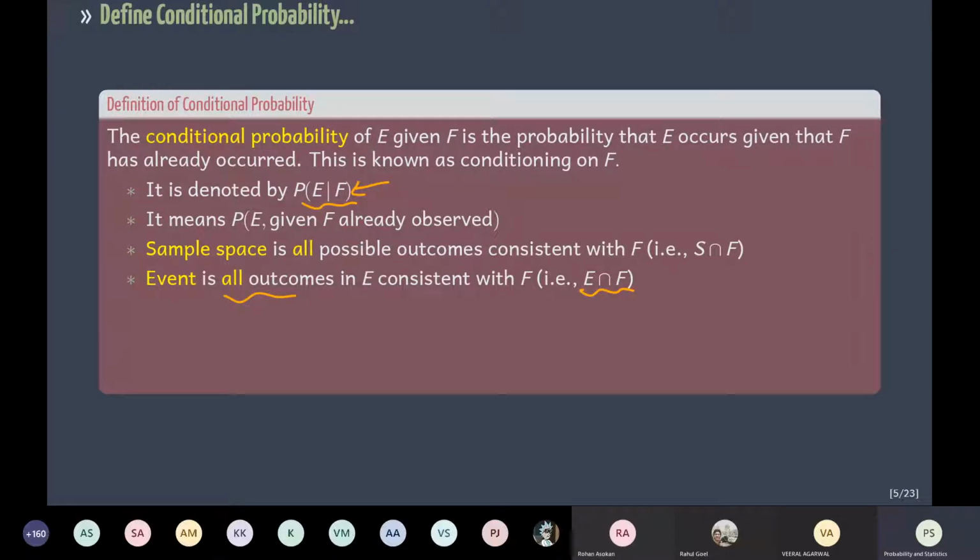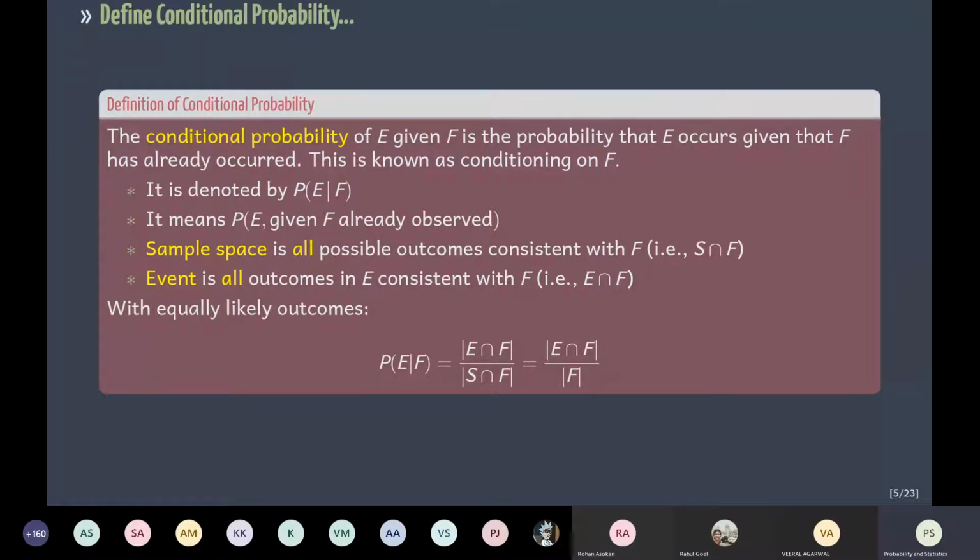If E is equal to F, then there is nothing interesting, because E intersection F would be the same as E, and it's not really conditional. So F has to be a bit different from E so that the conditional probability changes. You should always look for the outcomes that are consistent with F. You cannot take anything else.